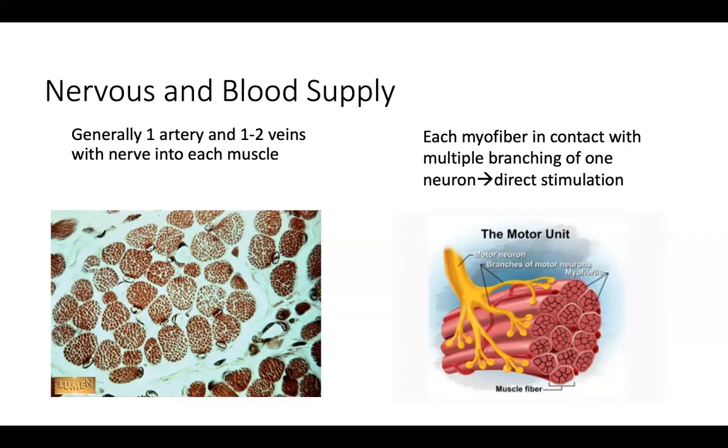At the microscopic level, when we get into this further, we'll see how muscles are built up, and that every myofiber, this is a myofiber, is in contact with a neuron to stimulate the contraction, to get that signal there for the command.